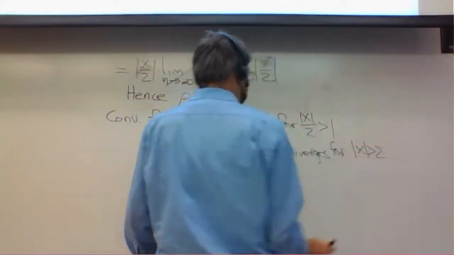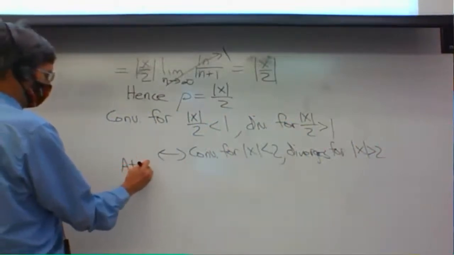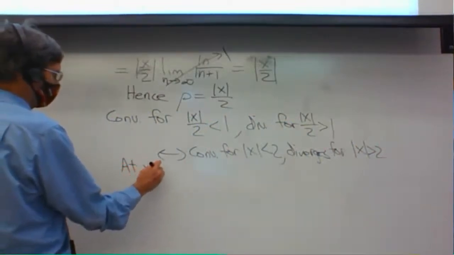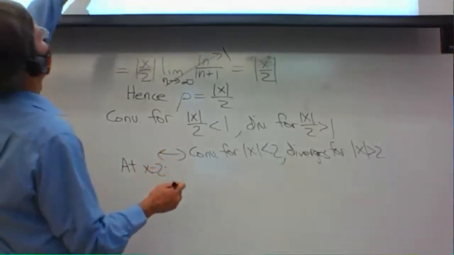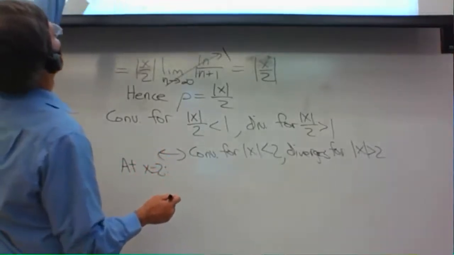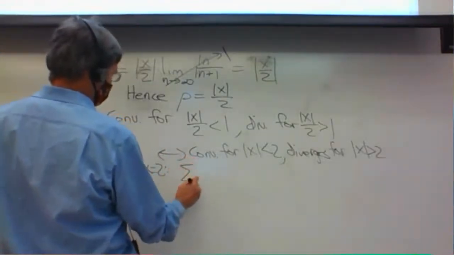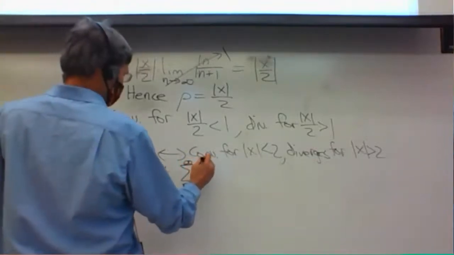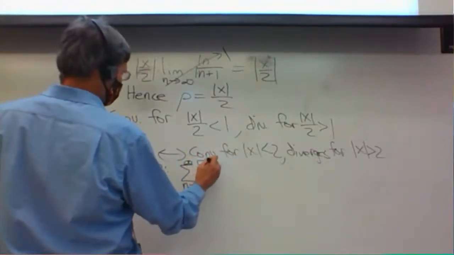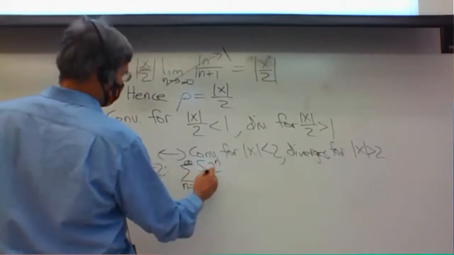What about absolute value of x equals 2? Well, at x equals 2, you just plug it into the original series, right? Original series up there, we got sum n equals 1 to infinity. It should have been 1 to infinity. 5 times x to the n becomes 5 times 2 to the n over n times 2 to the n.